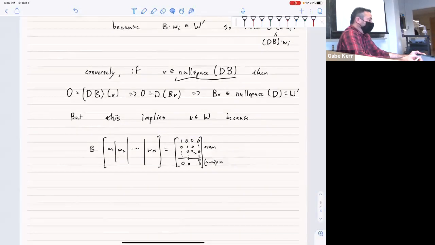you can hit anything in, so say, let me just write it this way.